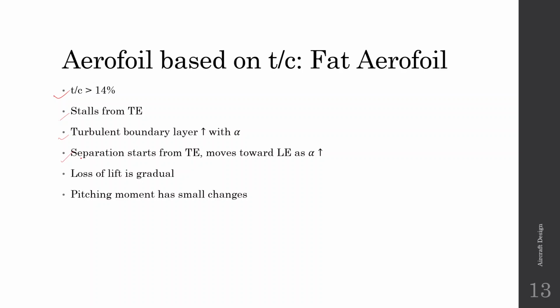The separation starts from the trailing edge and moves towards the leading edge as alpha is increased. The loss of lift is gradual and the pitching moment has small changes. I will also summarize these graphically. This is a fat aerofoil, and these are the advantages.